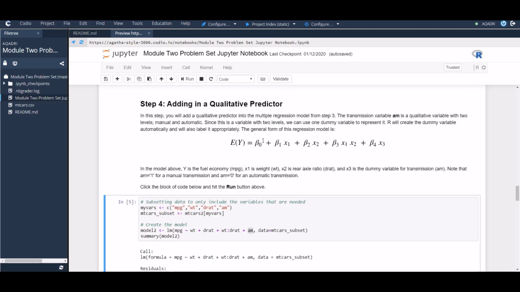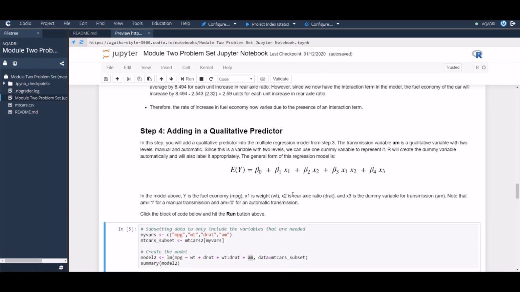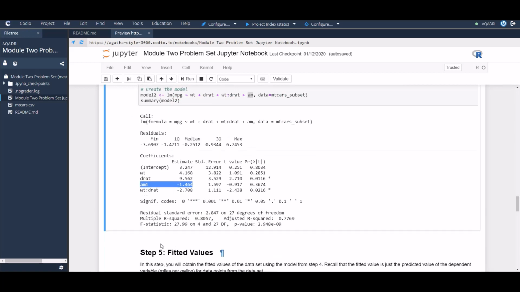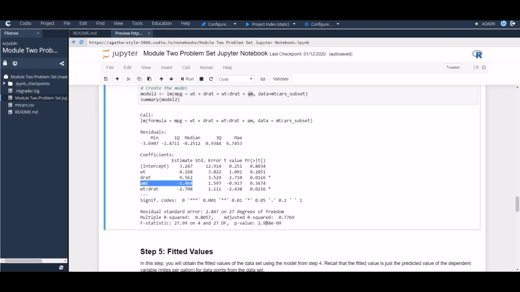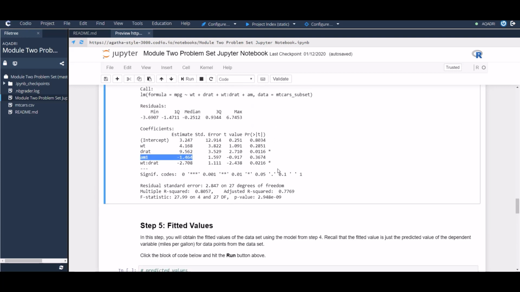Always start off with the general form first so that you know what to expect in the output. And then once you get the output, take the estimates, plug them in, and that's your regression model. And then just like before, you get all of your important statistics to analyze, and you get your overall F statistic, and it also tells you which estimates are statistically significant.